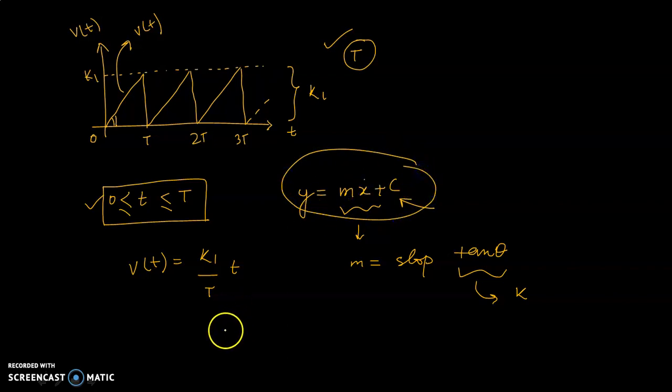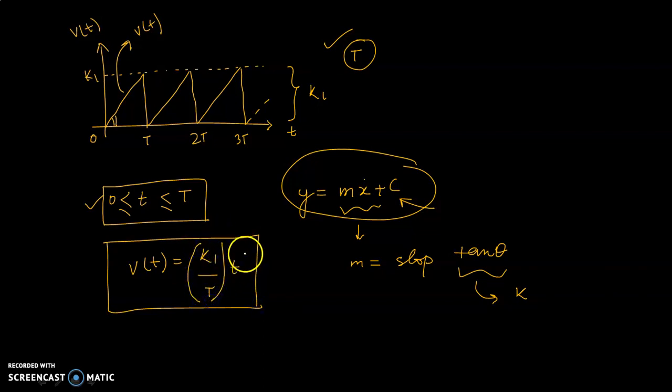By this equation, V of t is equal to the slope k1 by T times x, which is t here. So the expression is k1 by T times t.